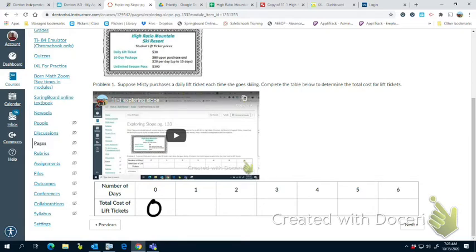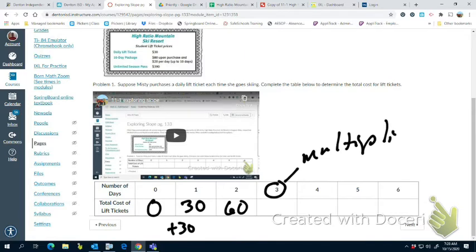If it was one day, I did $30. And then 2 days, 60, because every time we do this, it's plus 30. Because that's every day I paid another $30. So the days now become the multiplier, and that's what we're ultimately going to be doing with our X values to get our Y values.